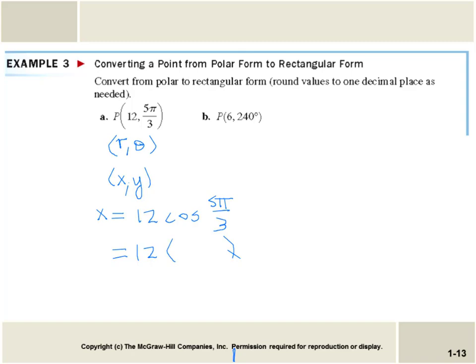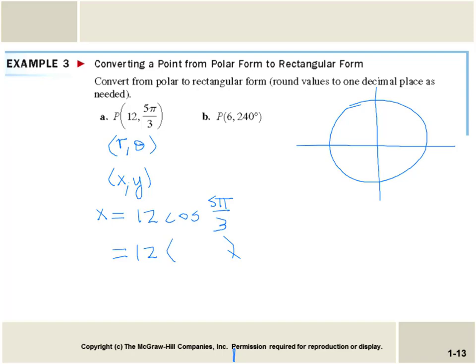What quadrant? No. What's the reference angle? Nope.